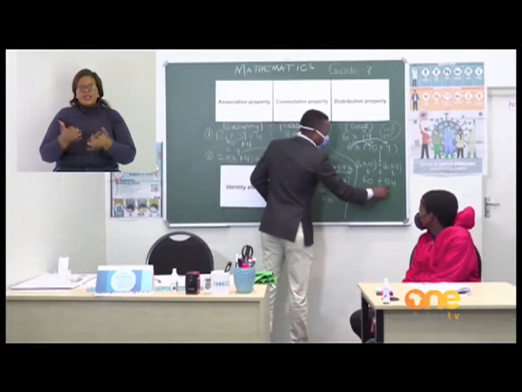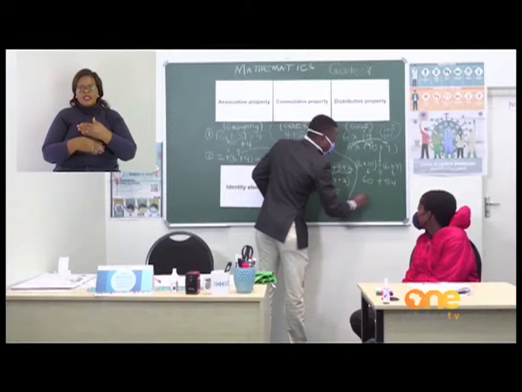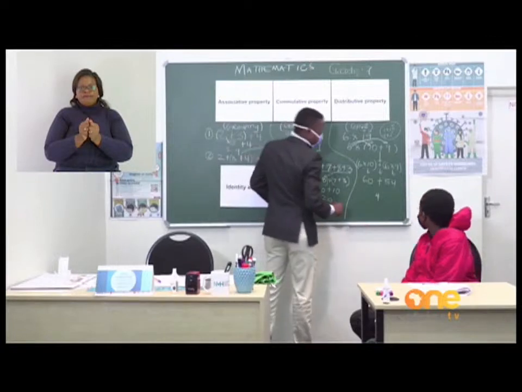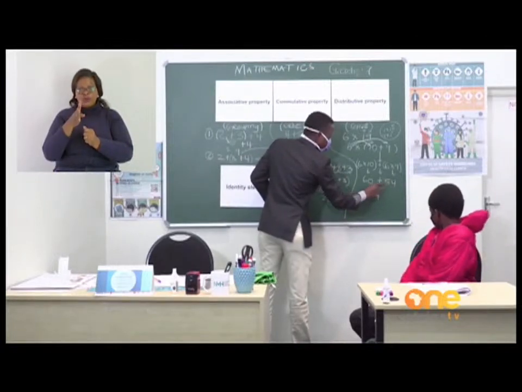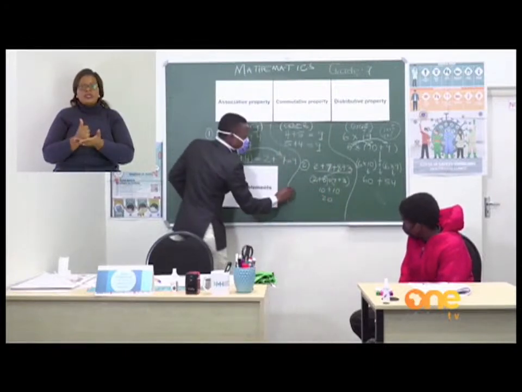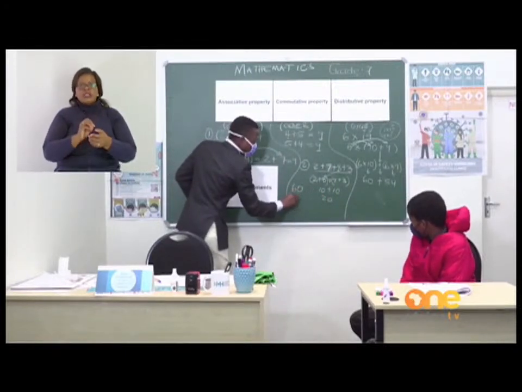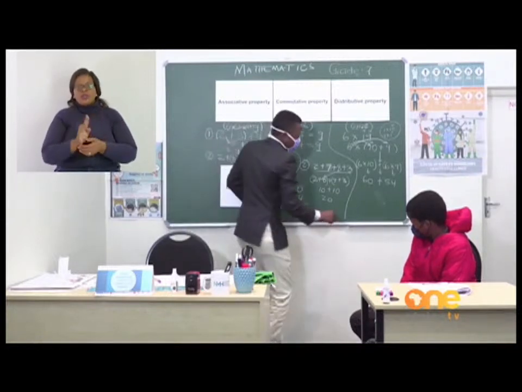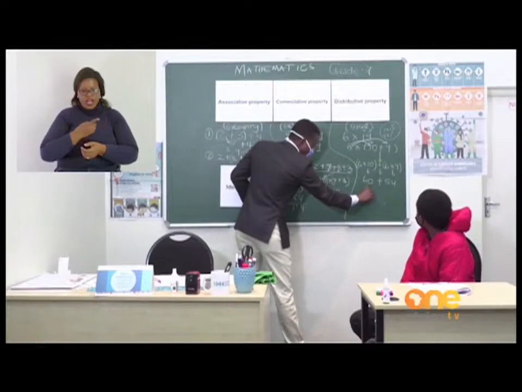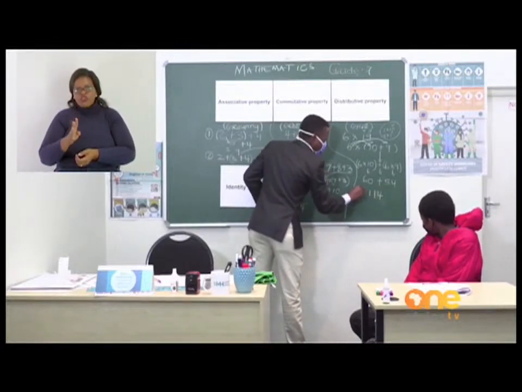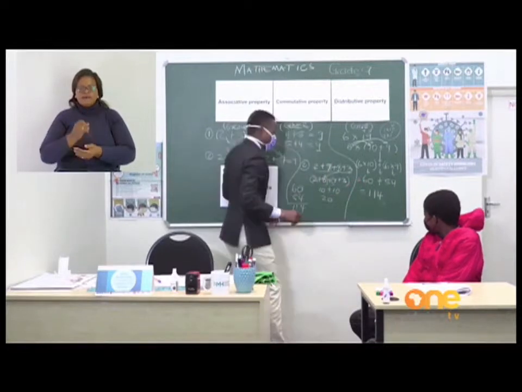And then to add these, 60 plus 54, you have 4, you have 11. And then you have 114 as your final answer.